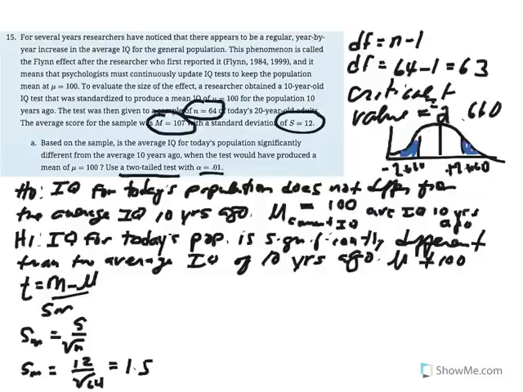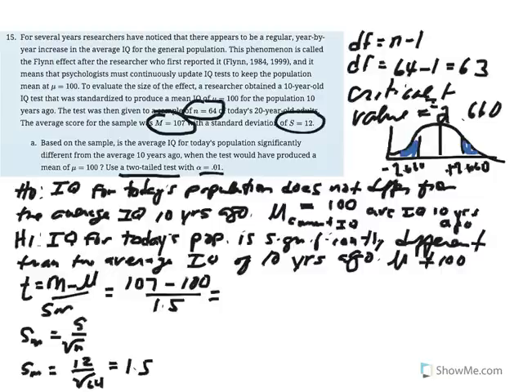So now we can calculate our t statistic. Our t is equal to our sample mean of 107 minus our previous average IQ of 100, divided by our estimated standard error of 1.5, and we get a whopping t statistic.